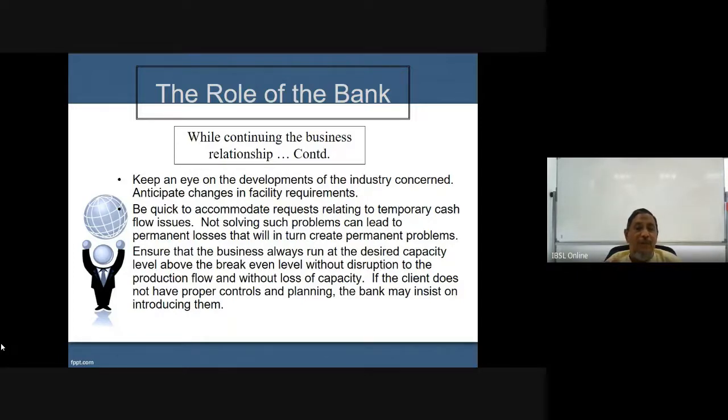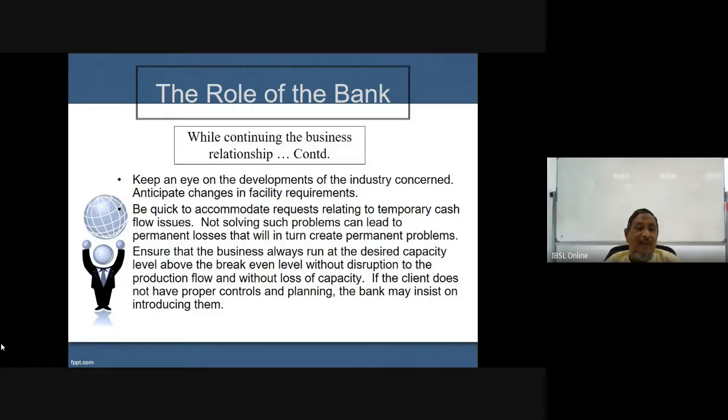If it is operated more than that, don't worry, because the customer has more profits. But if it is less than that, for example, we assume 75% production capacity but only 60% is manufactured, then costs will overrun and profit will decline. You understand that. So see that the business runs at the capacity.